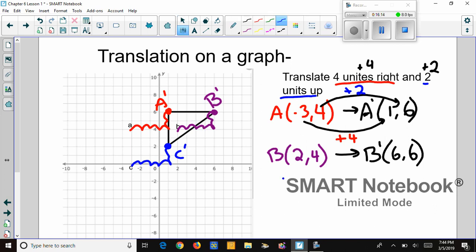I should add that C was at -3, 0, and now C prime is at 1, 2.